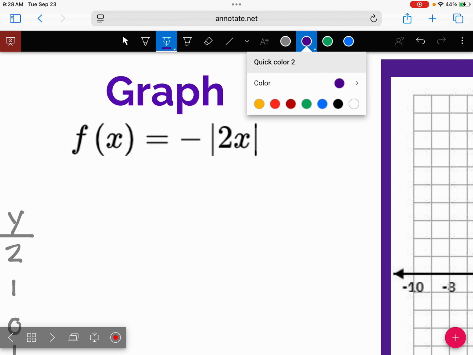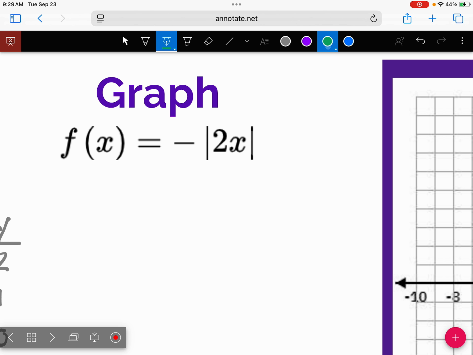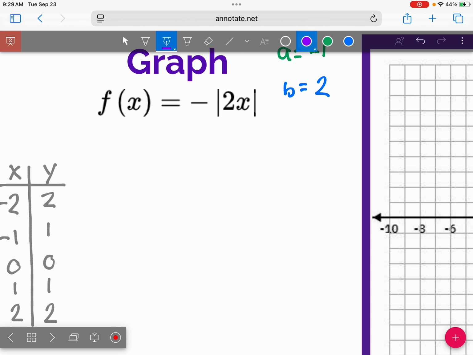What pieces do we have here? A and B. What is our A? -1. What is our B? 2. So when we do our transformations over here, we don't have any H, we don't have any K, so those guys aren't changing.